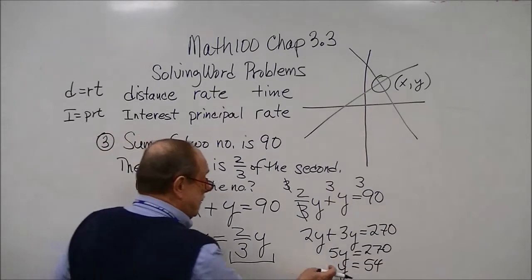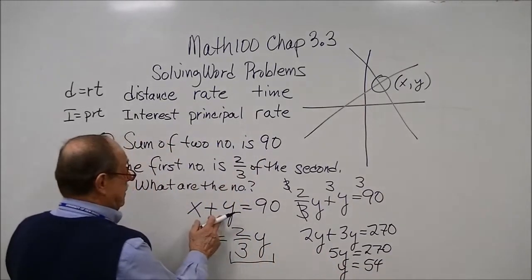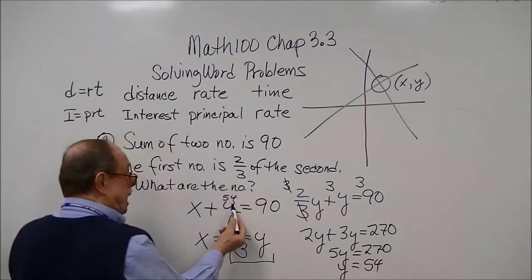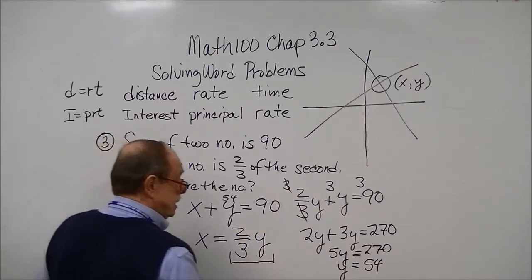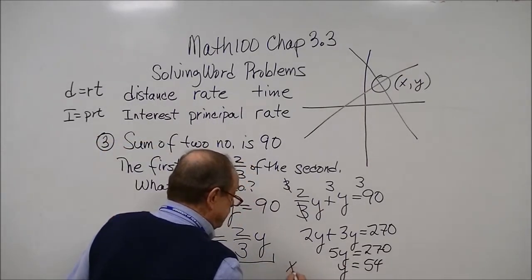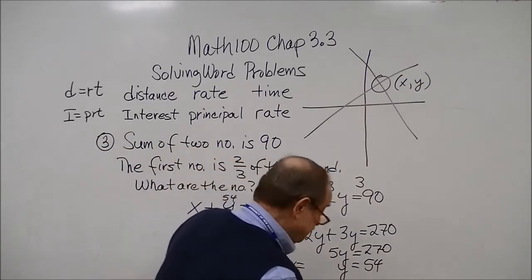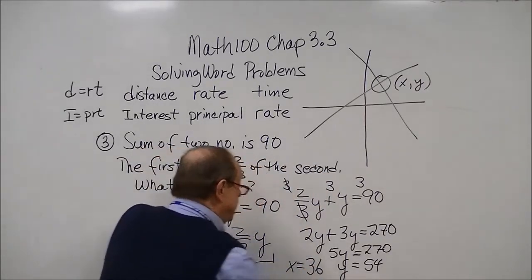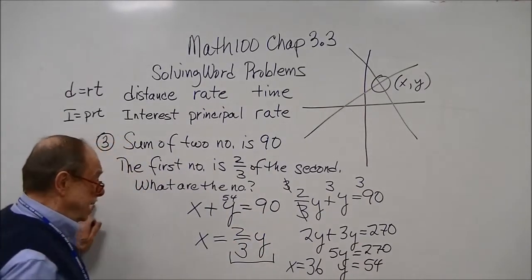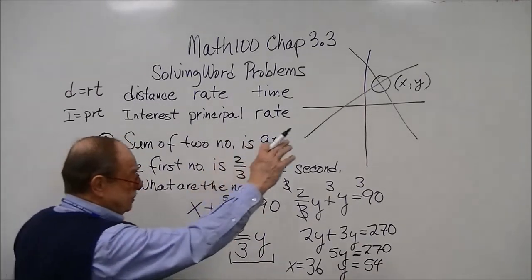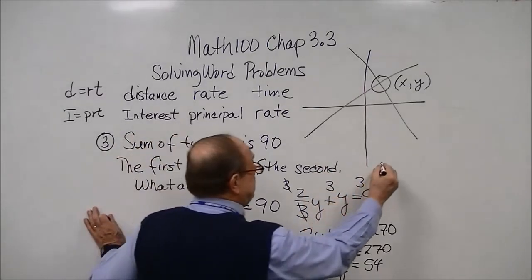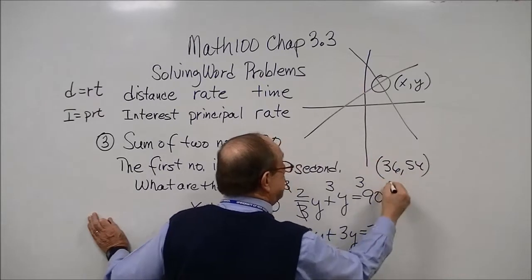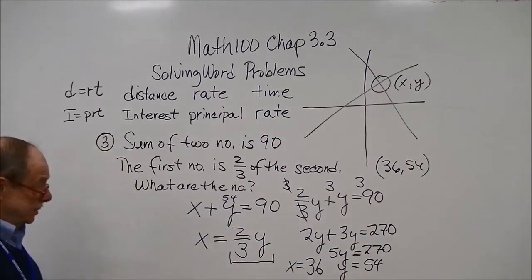And if y equals 54, we put that into our first equation. We just now subtract 54 from both sides, and we get x equals 36. And if we add these two numbers together, that's our answer. So the ordered pair then is going to be 36, 54. Those are our numbers.